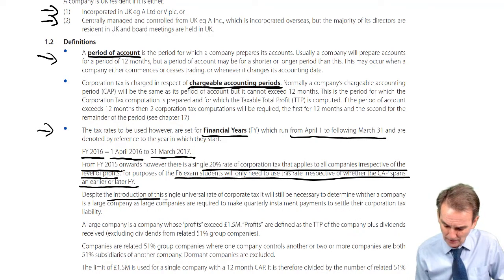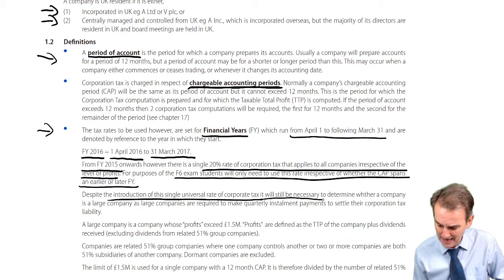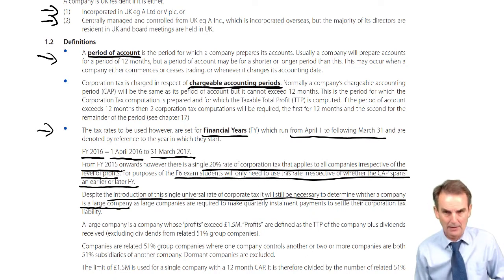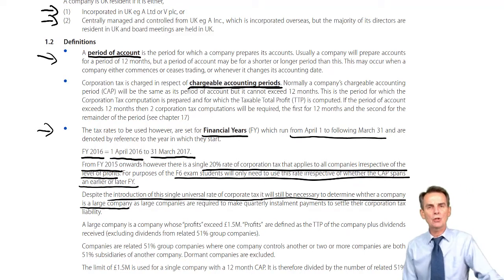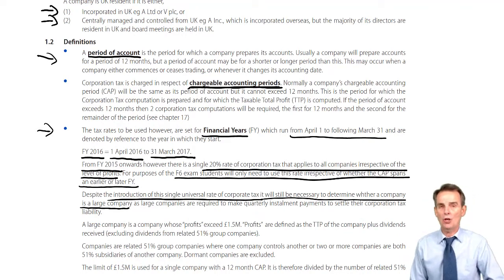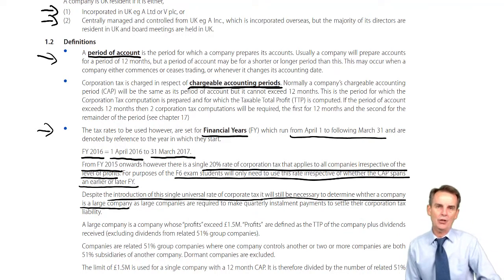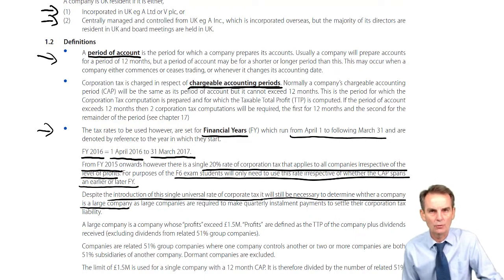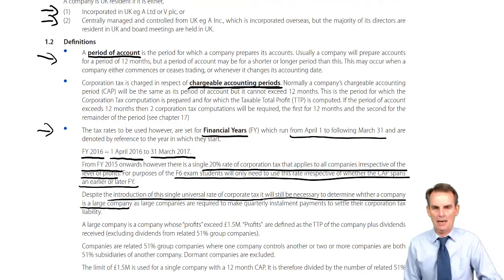But despite the introduction of this single universal rate of corporate tax, it will still be necessary to determine whether a company is a large company. As I said a moment ago, back in the bad old days, large companies paid corporate tax at a higher rate than small companies. Now everybody's the same. They pay tax at this universal single rate of 20%.